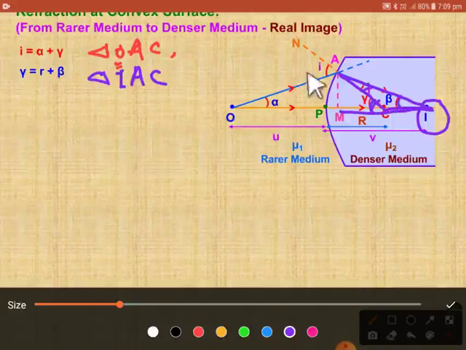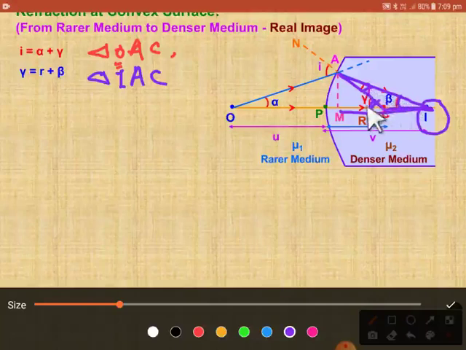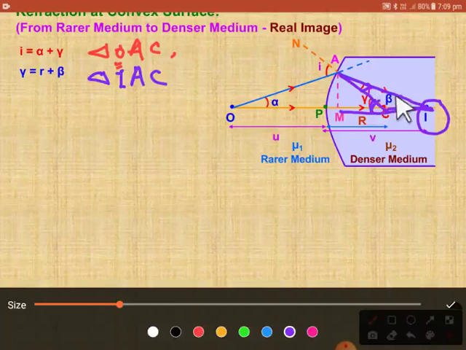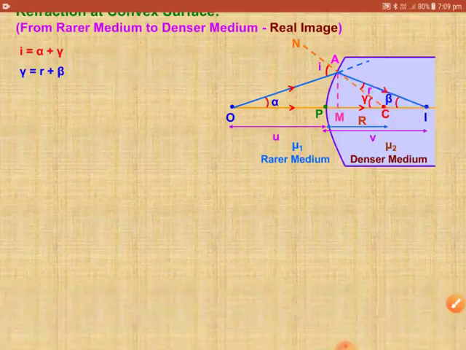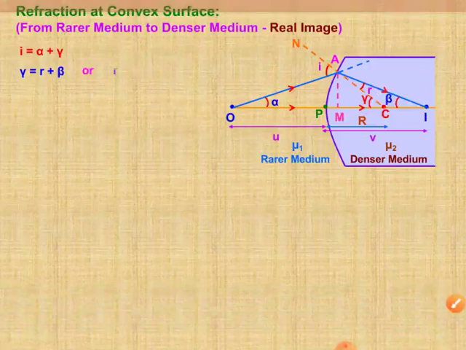Got it? So this is the exterior angle, and these two are the interior opposite angles. So your gamma will be equal to r plus beta, right? Yes. Now let's see then what happened.